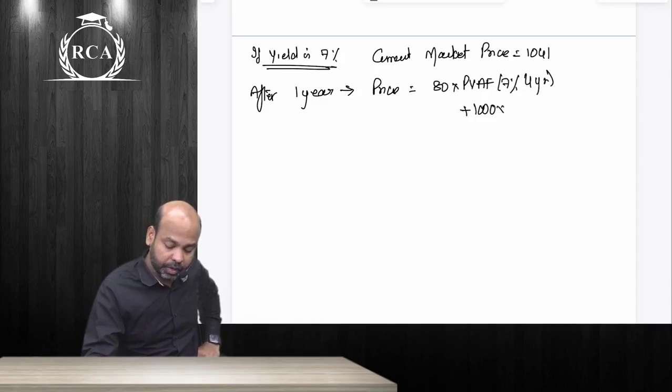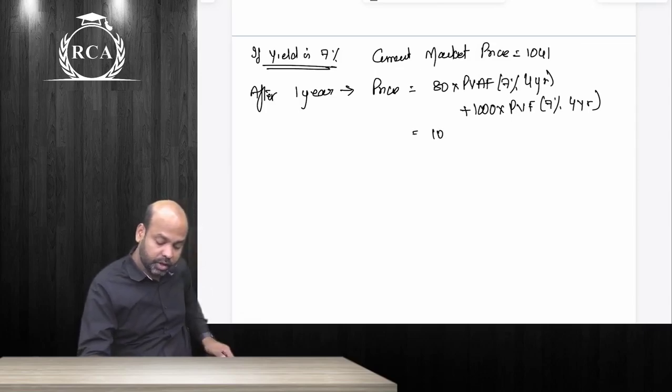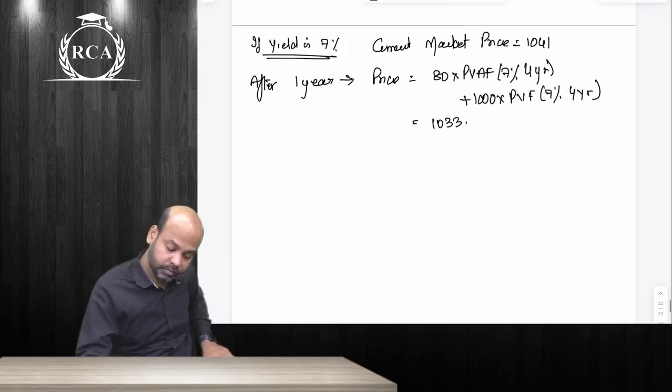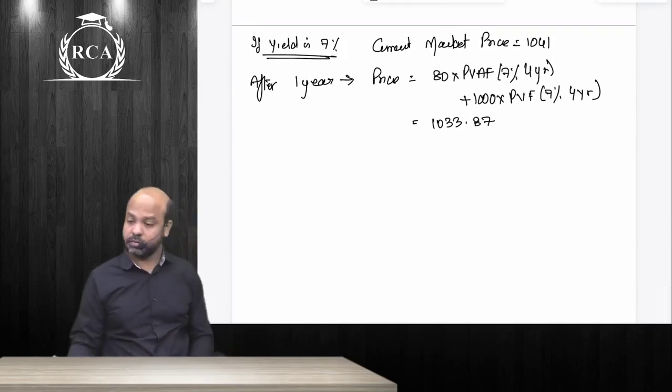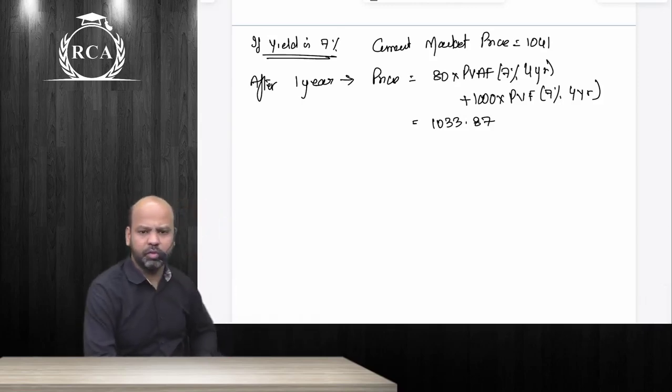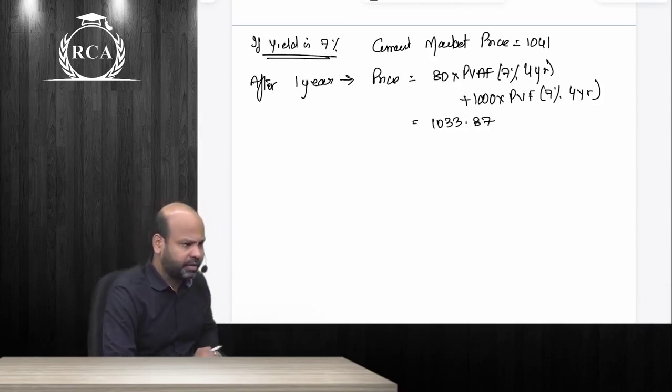Plus 1000 rupees into present value factor at 7% beta for the 4th year. कितना बेटा ये? 1033.87. Price is coming down from 1041 rupees to 1033.87.